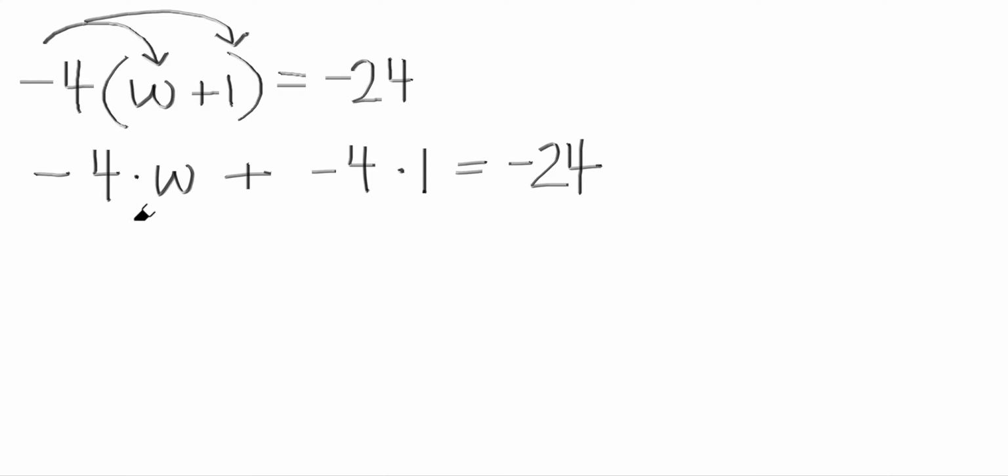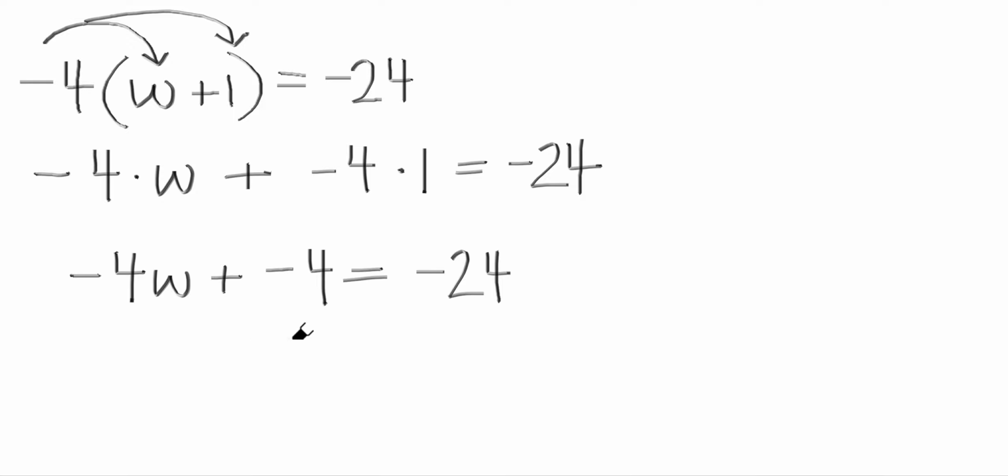From there, you just simplify. -4 times W, that's just -4W. And here, -4 times 1 is just -4. From there, you can subtract the -4, but instead of doing that, I'm going to rewrite this plus -4 as -4.